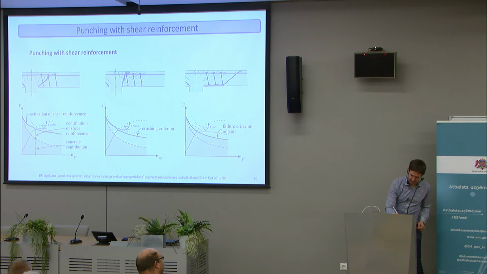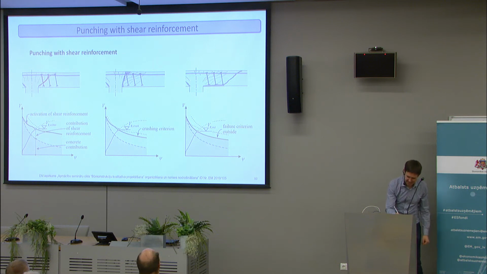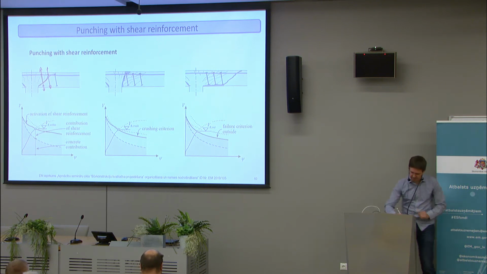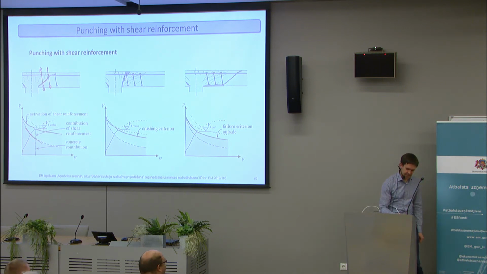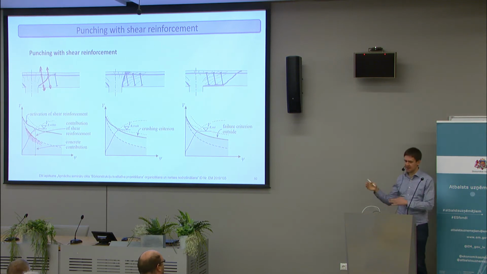The crack will open, and it will cause stresses in the shear reinforcement, which will then carry part of the load. In that case, the critical shear crack theory can be extended by just taking the concrete part with the original failure criterion, and then adding to it the force in the steel that goes through the crack, or that tries to keep the crack lips together.